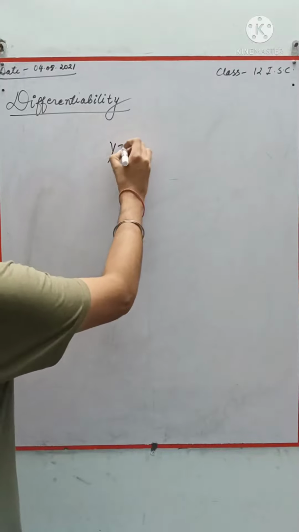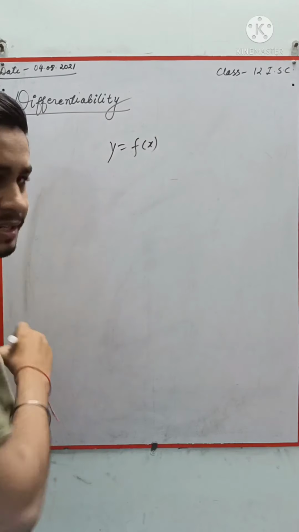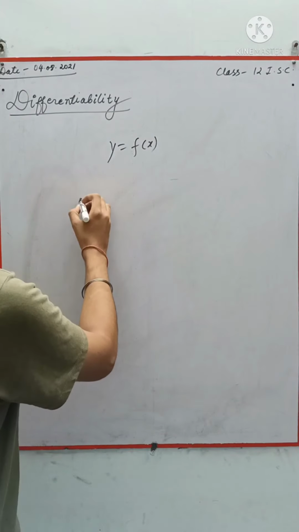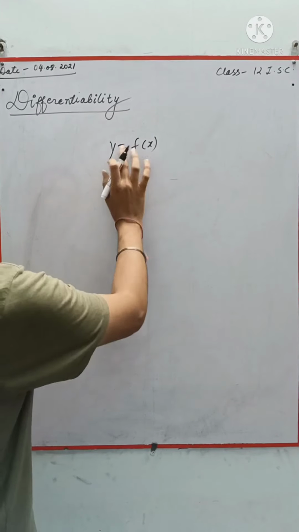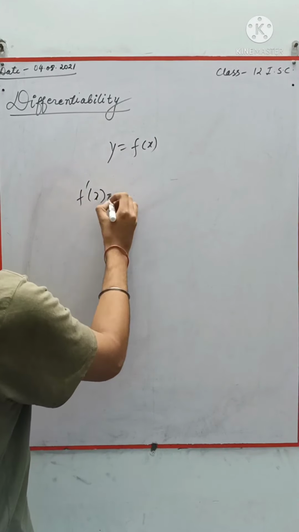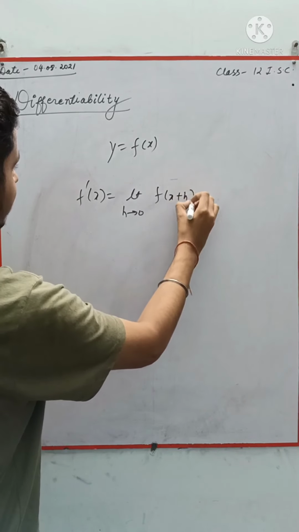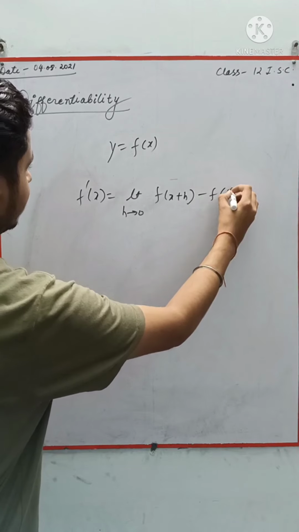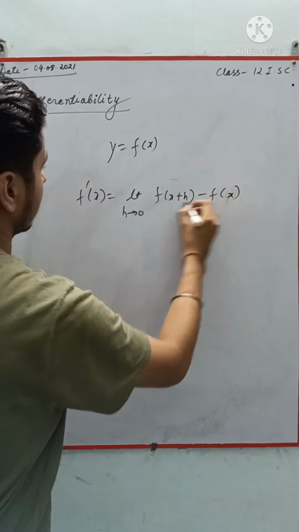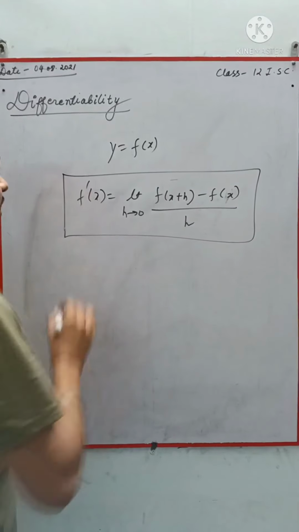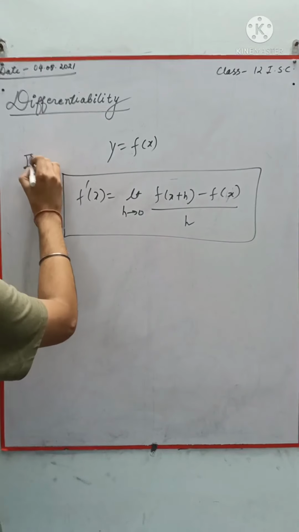Say, for example, if you have y is equal to f(x) and we need to differentiate this function with respect to x, then f'(x) will be equal to limit h tends to 0 of [f(x plus h) minus f(x)] whole upon h. I hope you are remembering this, the first principle of differentiation.